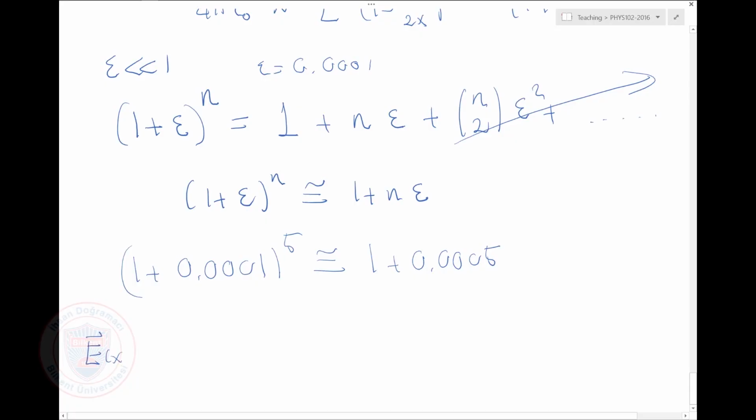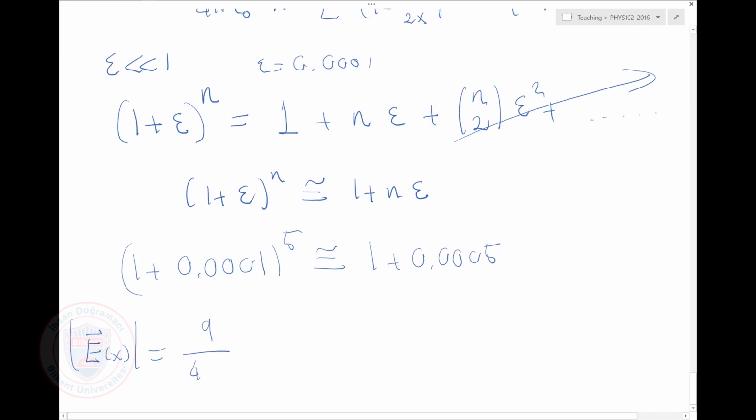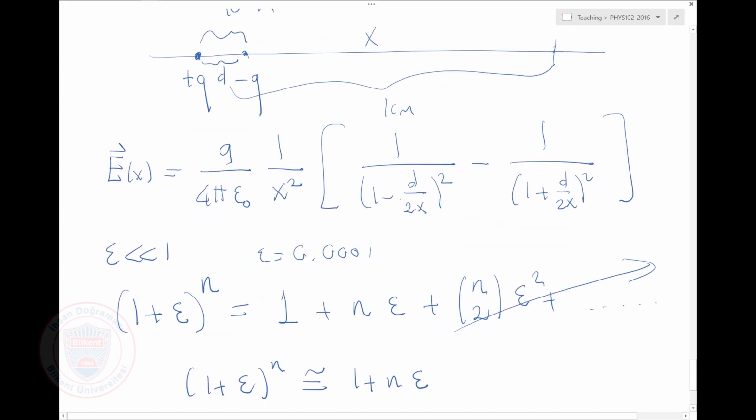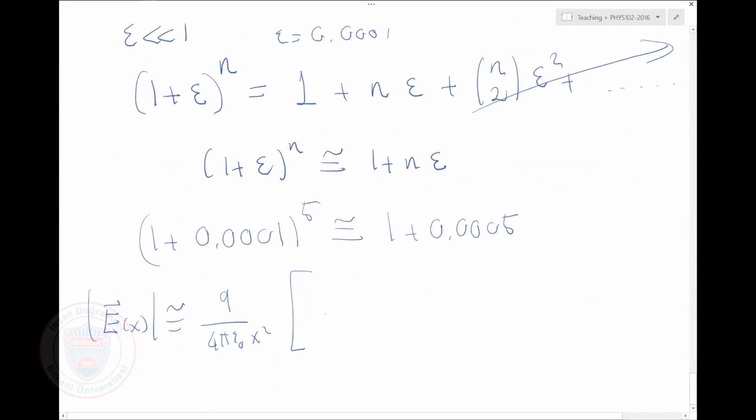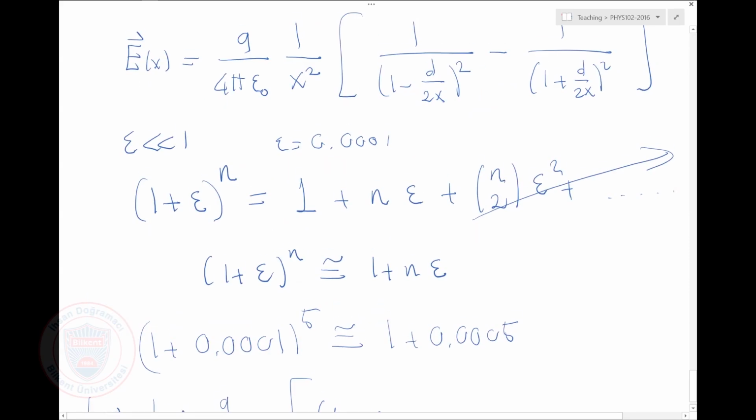Now, what does this tell me in terms of my formula? I said the absolute value of E of x is q over 4 pi epsilon 0 x squared. Now, 1 over (1 minus something very small) squared is actually (1 minus something very small) to the minus 2 power, right? So it should approximately be 1 minus 2 times minus d over 2x.